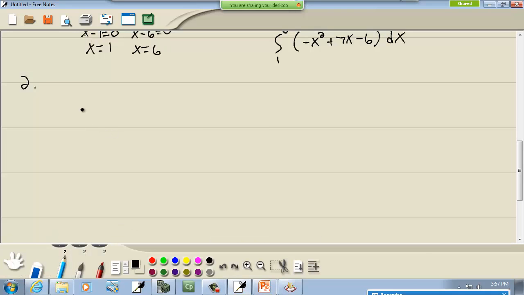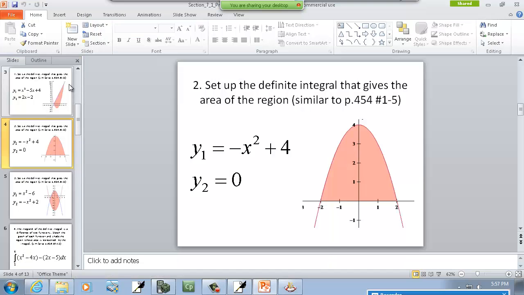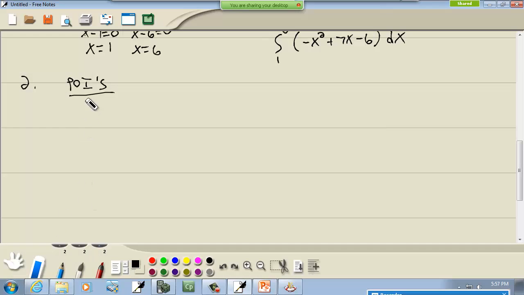Well, let's find our POIs, just to verify. Actually, I guess I should write the problem down first. Negative y equals negative x squared plus 4, and y is equal to 0. So I got negative x squared plus 4 equal to 0.